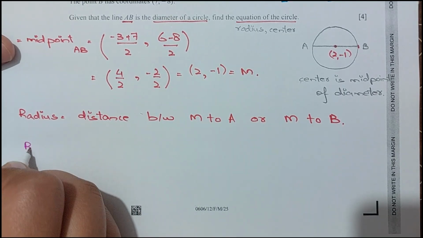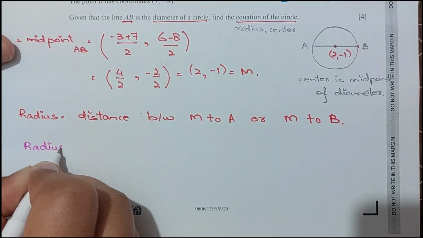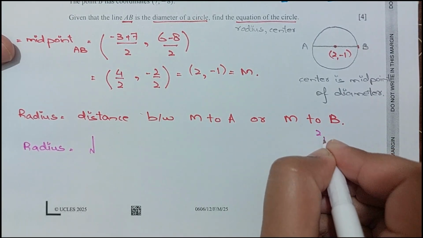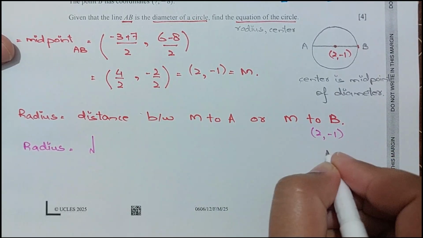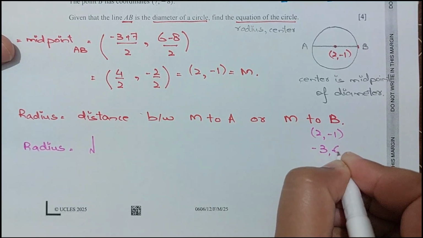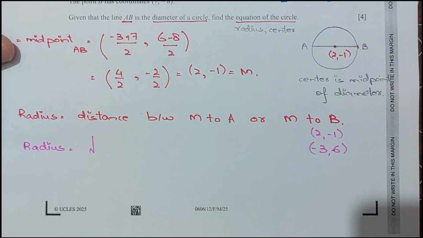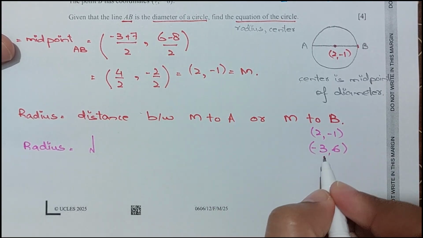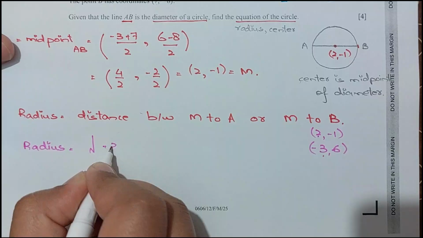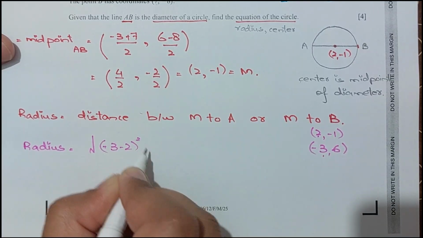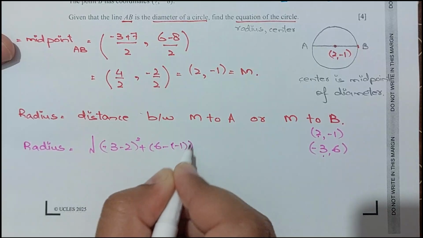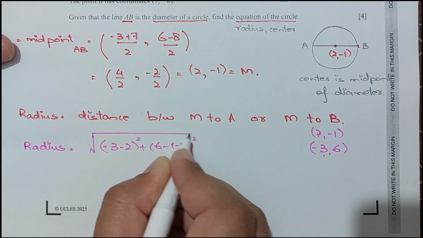So the radius: use the distance formula. M is 2 and minus 1. Let's take A, though you can take either A or B: minus 3 and 6. The distance formula is the square root of x2 minus x1 whole squared plus y2 minus y1 whole squared. That is minus 3 minus 2 whole squared plus 6 minus minus 1 whole squared, all under the square root.